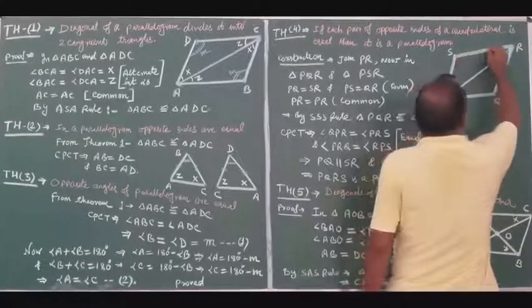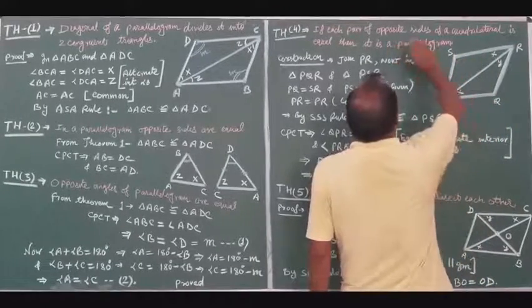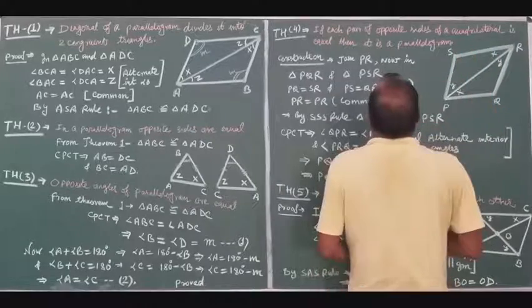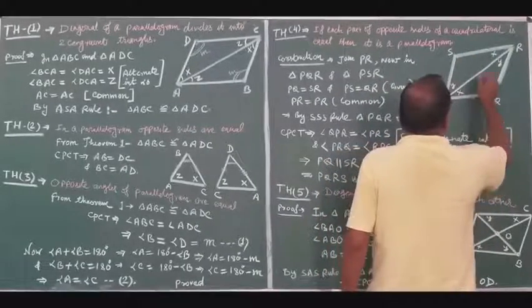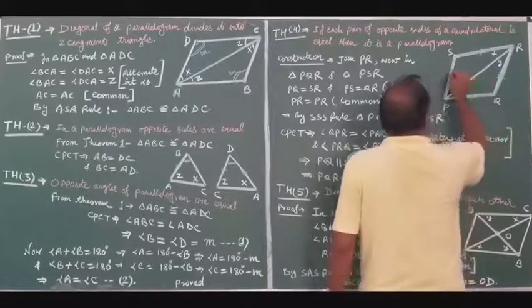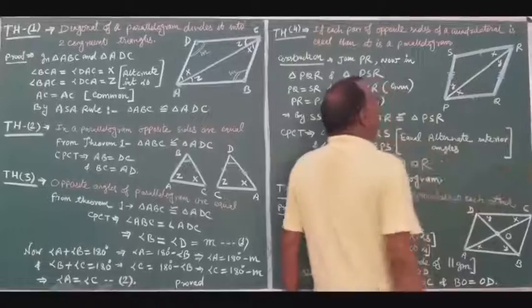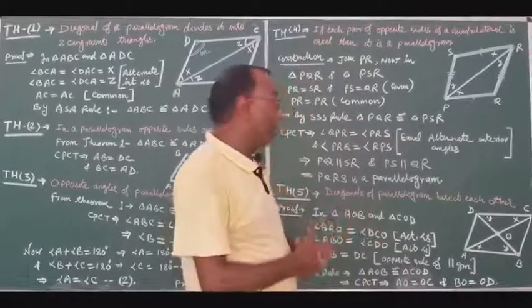And what is given in this figure? Each pair of opposite sides is equal, meaning PQ is equal to SR, and this one is equal to this one. So we have to prove that this quadrilateral is a parallelogram.